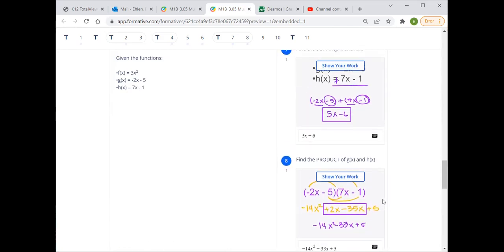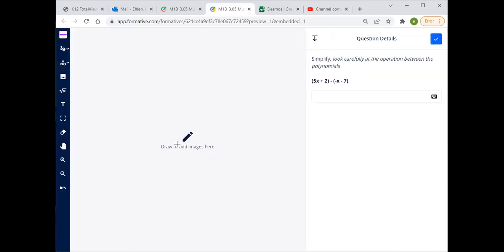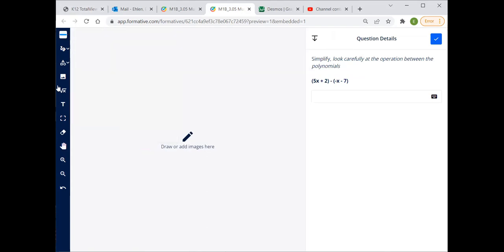Okay, next one. It says, look carefully at the operation between the polynomials. So for this one, you can tell that there is subtraction between them. So when we subtract, how I always do this is I distribute the negative first. So that double negative becomes positive, and then this double negative becomes positive, and then we can treat this like addition.